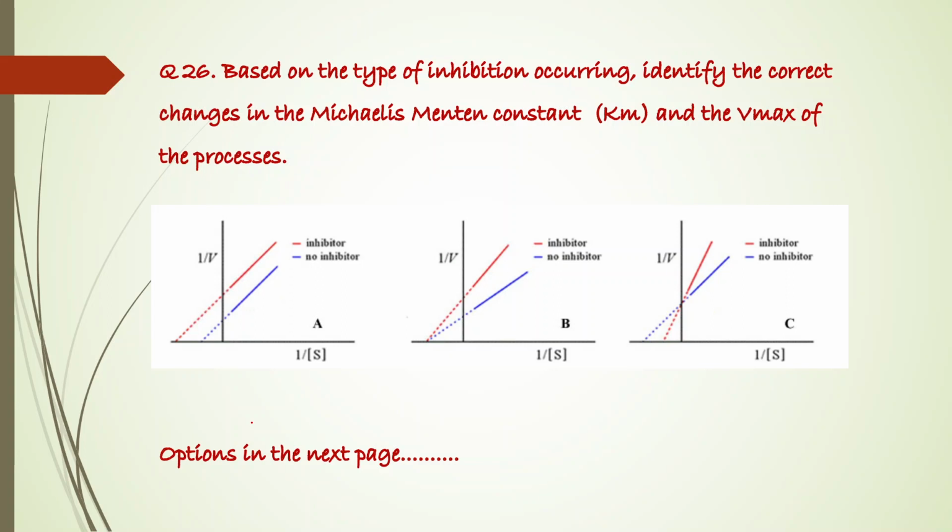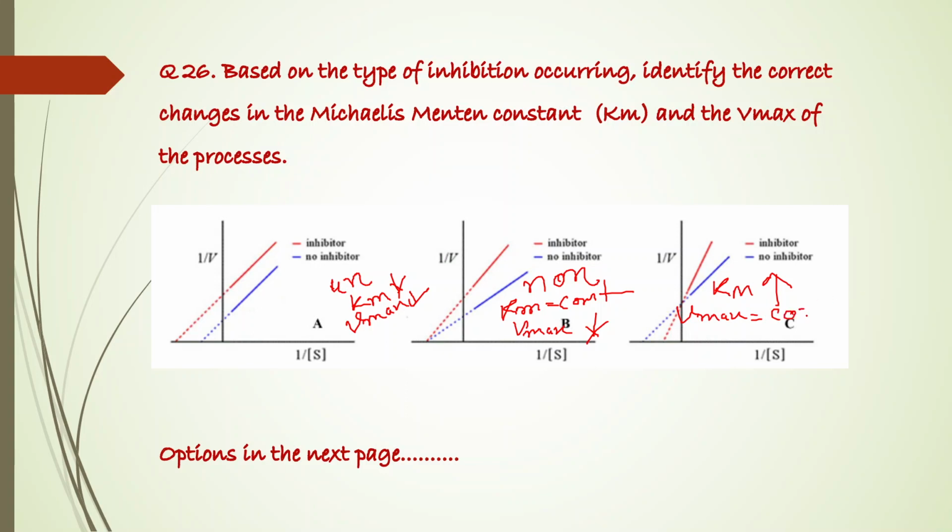So obviously this one is uncompetitive, where Km value decreases and Vmax also decreases. Now this one is non-competitive, where Km value remains constant but Vmax decreases, and this one is the competitive one, where Km increases, Vmax remains constant.